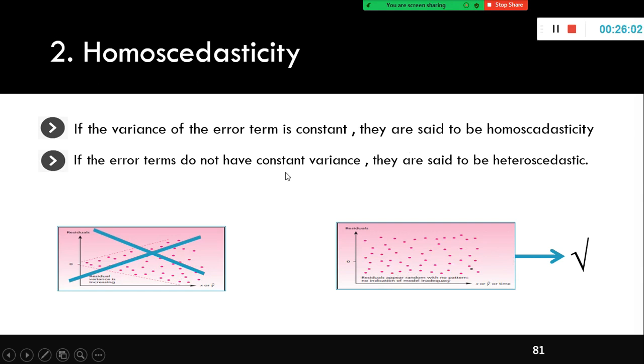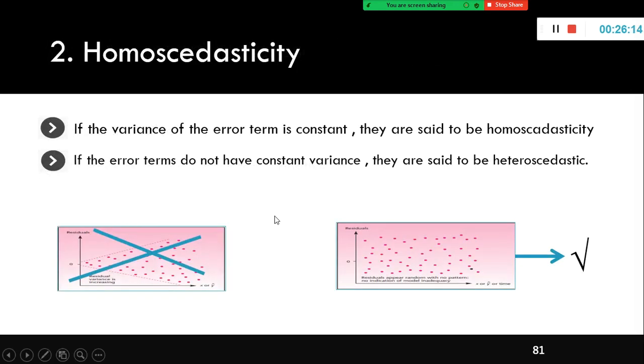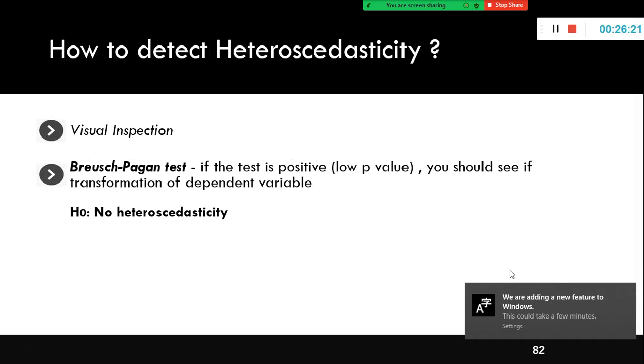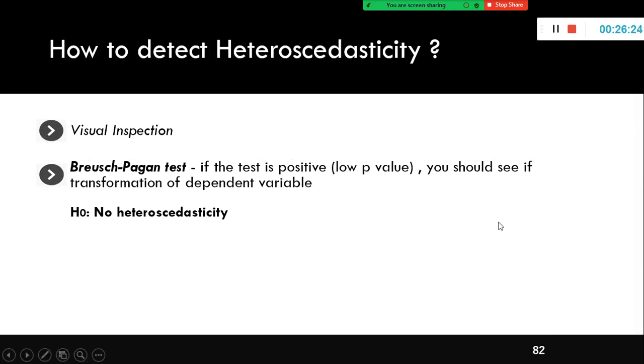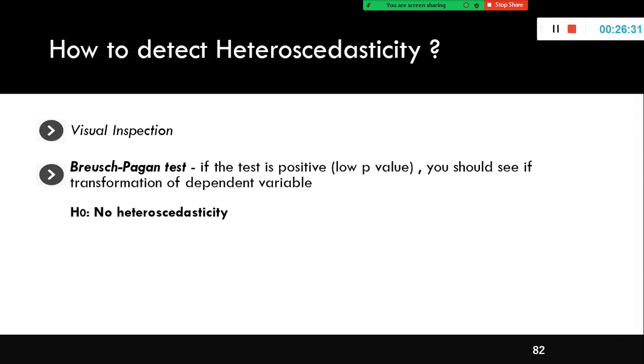If the error terms do not have constant variance, they are said to be heteroscedastic. Here it is not constant; suddenly it goes down, it goes high. That is not good. How do we detect heteroscedasticity? Visually, by inspecting the chart, or you can use the Breusch-Pagan test. In an interview they may ask, if I have heteroscedasticity in my model, how will I find out?